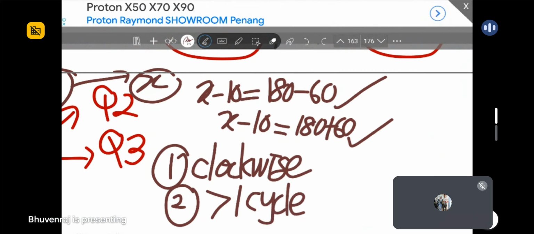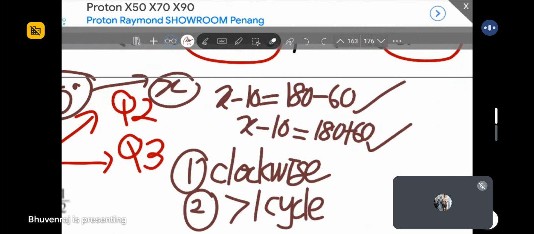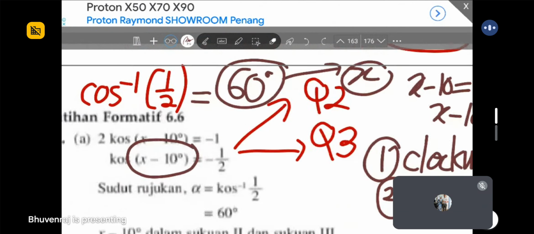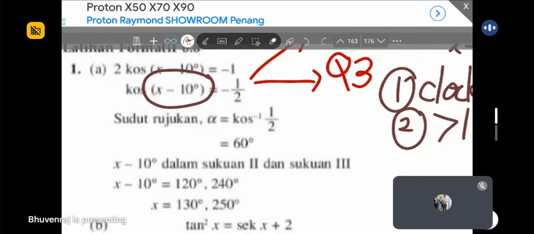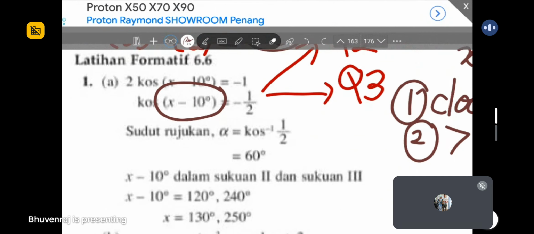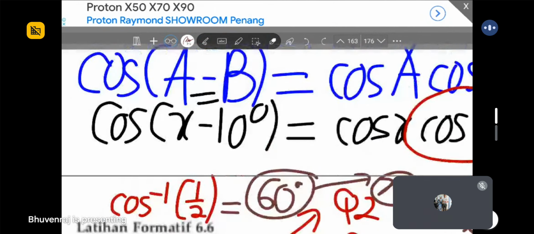Adakah kamu boleh buat lebih dari 1 kitaran? This is how you can get many possible answers. Kamu boleh dapat berbagai jawapan. But over here there are only 2 possible answers. When you solve, you will get x equal to 130 and x equal to 250. Boleh faham, guys? Are you clear on this? So these are the 2 answers.